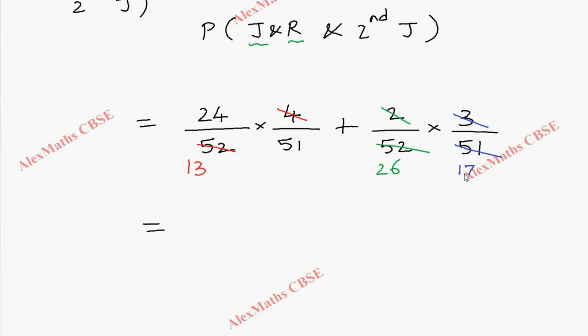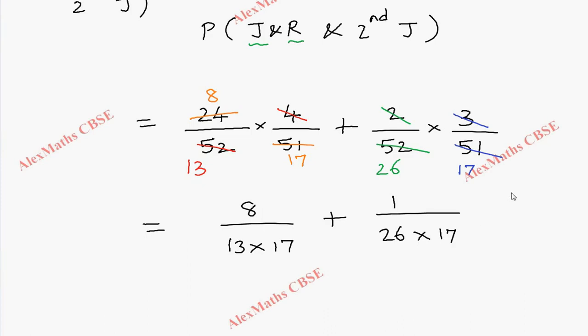So this is 17. And this one with 3 if I cancel, this is again 17 and this becomes 8 times. So finally we have 8 by 13 into 17 plus 1 by 26 into 17.